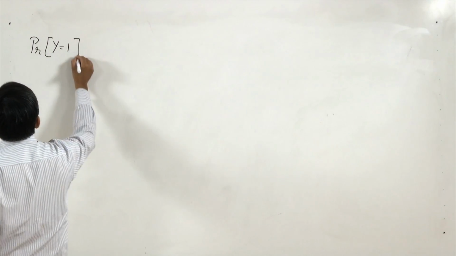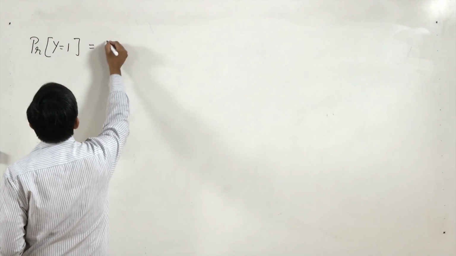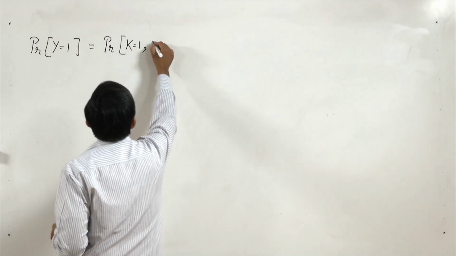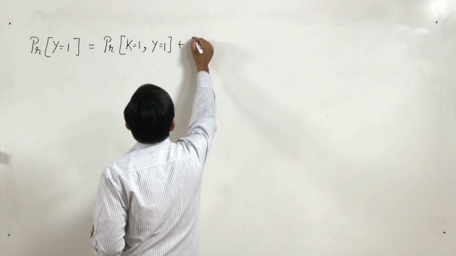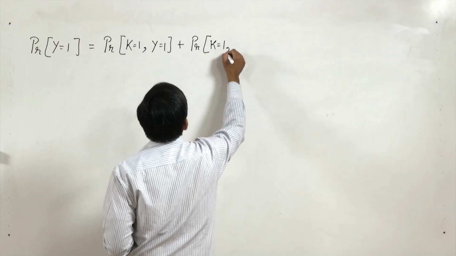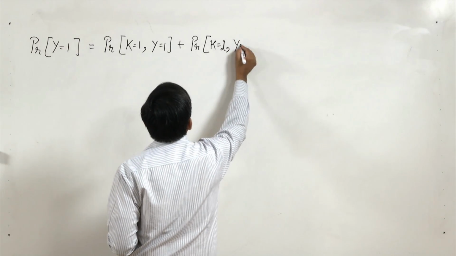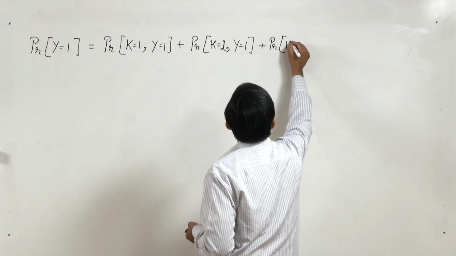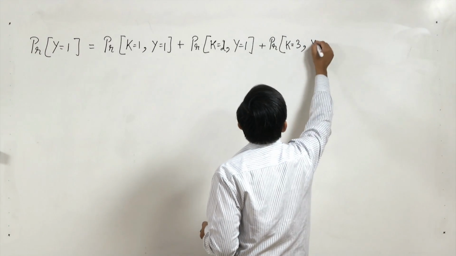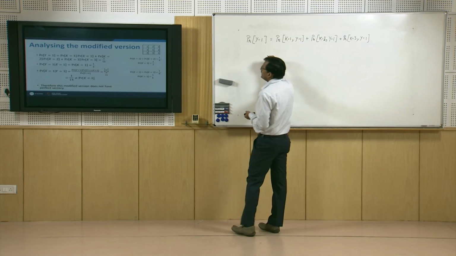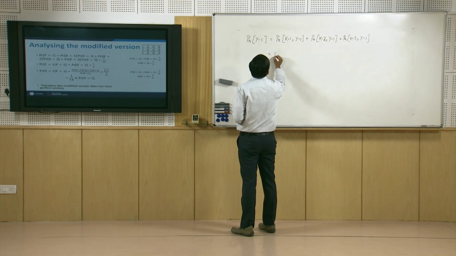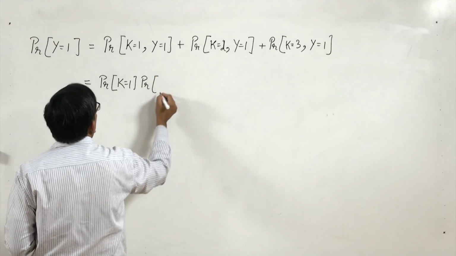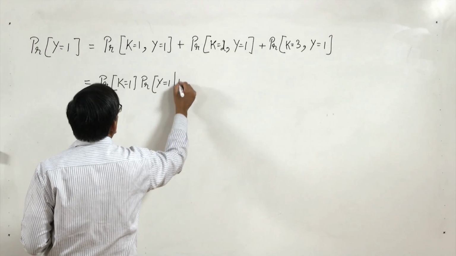Probability of y equal to 1 is equal to probability of k equal to 1 and y equal to 1, plus probability of k equal to 2 and y equal to 1, and probability of k equal to 3 and y equal to 1. Now this means that this is probability of k equal to 1 and probability of y equal to 1 given k equal to 1.